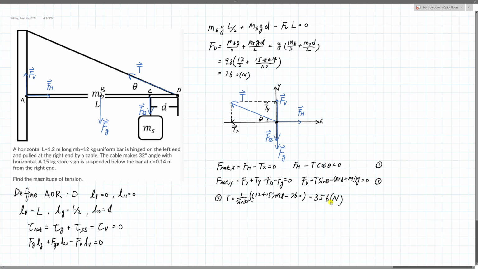And if your question is what about the horizontal force, well, now we have tension. We can put it in equation 1. So the horizontal force is tension times cosine theta, 356 times cosine 32 degrees. And we can calculate that as well.